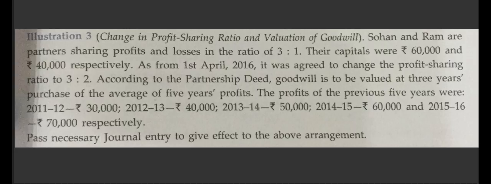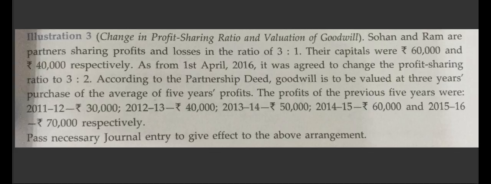According to the partnership deed, the goodwill is to be valued at 3 years purchase of the average of the 5 years profits. The profits of the previous 5 years were 30,000, 40,000, 50,000, 60,000 and 70,000. Pass necessary journal entry to give effect to the above arrangement.